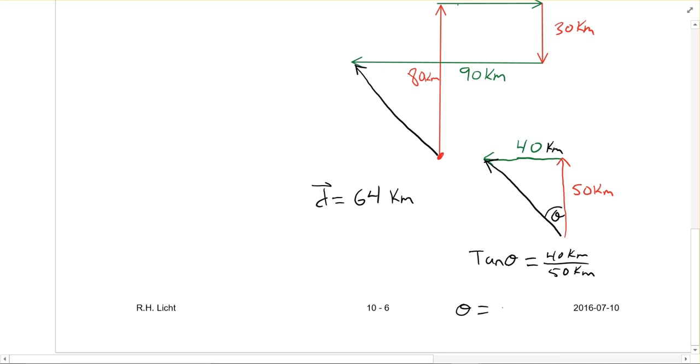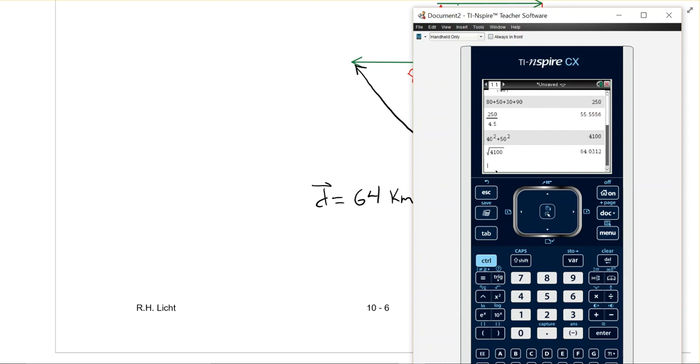So theta is going to be equal to inverse tan of 4 over 5. And you might be saying, Mr. Brown, you forgot the units, but the units canceled, right? They canceled, and one of the zeros canceled. Anyway, if you go inverse tan of 4 over 5, you get 38.7 degrees, so 39 degrees.